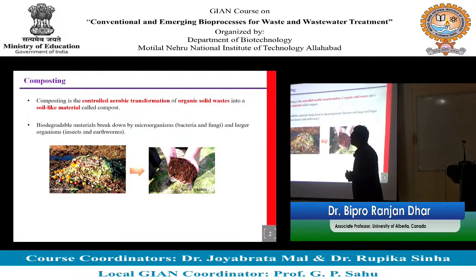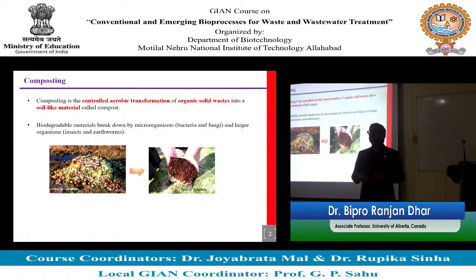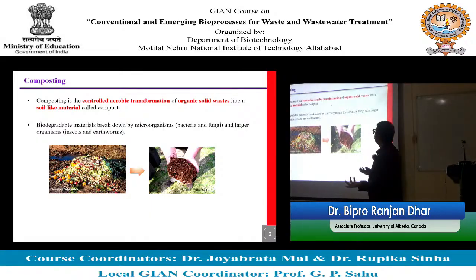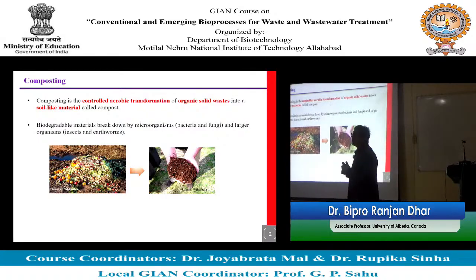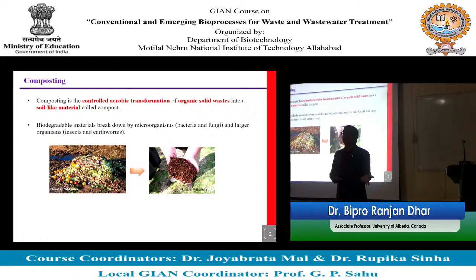We already learned that composting is an aerobic bioprocess where microbes and some other large organisms can degrade or transform the organic content in your solid organic waste like food waste and yard waste, and convert them into a soil-like material called compost. And biodegradable material, not necessarily just microorganisms, can be utilized for composting.